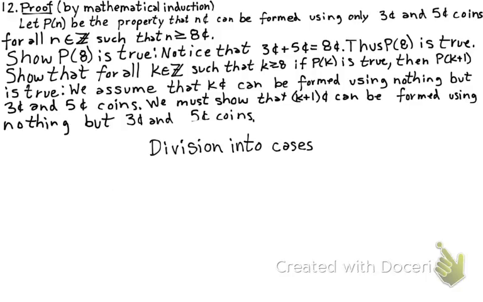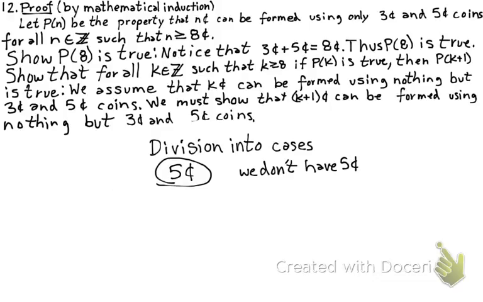Well, with K cents, we know that either we have a 5-cent coin or we don't. And so we can divide our proof into the possibility that either we have a 5-cent coin in order to make K. Can you guys calm down, please?